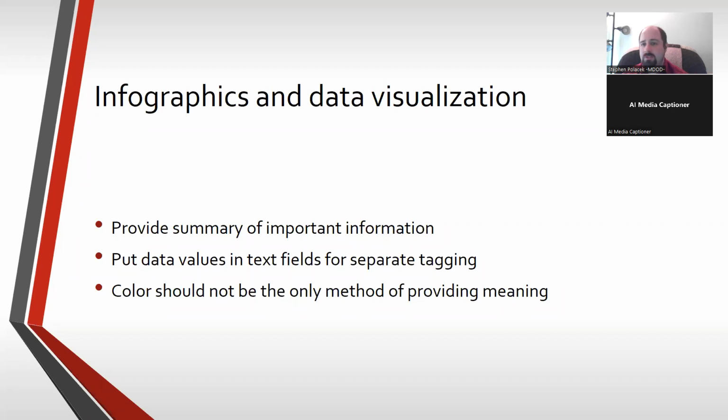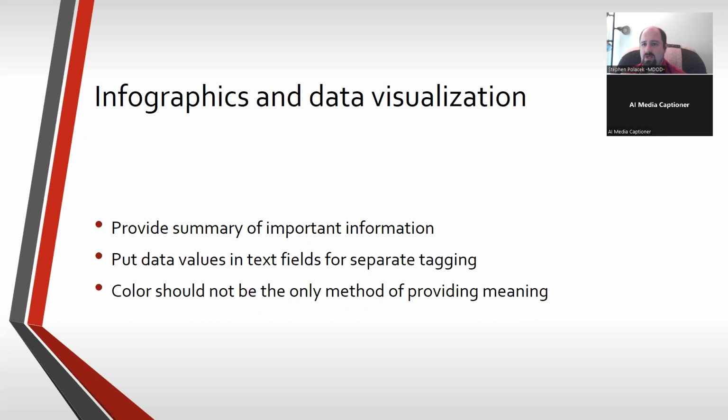And third point is color should not be your only method of providing meaning. So in the case of a chart or graph, having color bars as your explanation of comparison for different things, you need to have some kind of either texture in the color or arrows pointing into it or something, just something to visually connect data to a bar or a company or a legend or what have you outside of color, so that those who are colorblind still have that connection.